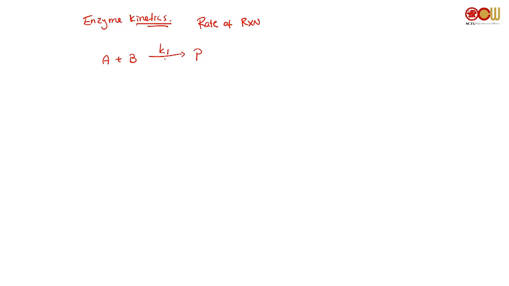Okay? And then we also know that for any chemical reaction, essentially you will have a reverse rate. That's how you get to equilibrium, right? And the reverse rate, we're going to call it K minus 1. Then the rate of this reaction, we can say rate is equal to some K1 times the concentration of A times the concentration of B, and then minus K minus 1 times the concentration of P. Why do I go minus here?